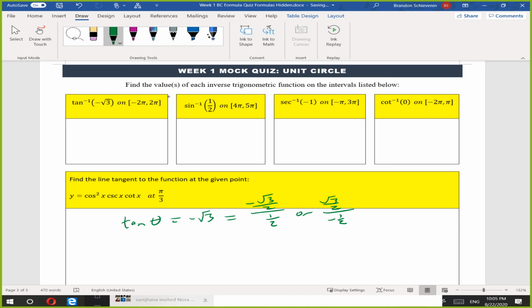Okay, can anyone give me an angle where the signs are different and the sine has a magnitude of √3 over 2? So sine is alongside, and the signs of our x and y value are not the same.